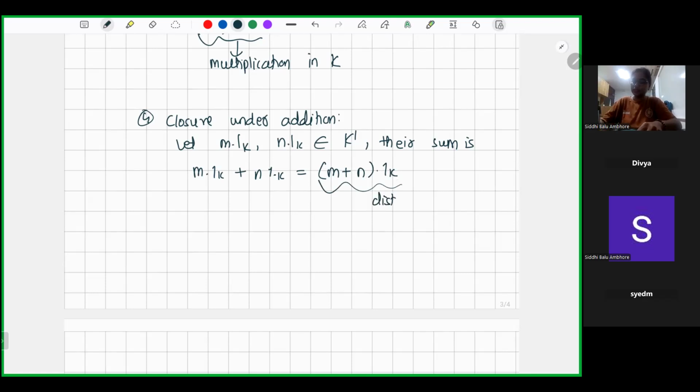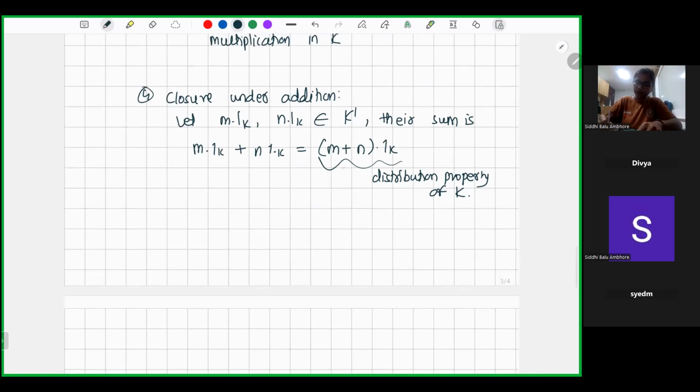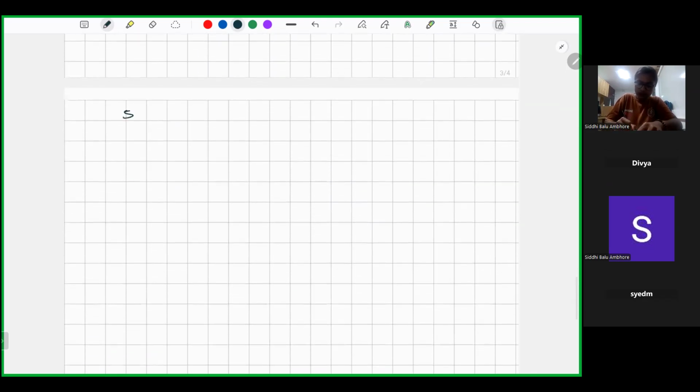But m and n are integers, so m plus n again becomes some integer, and this now belongs to my k dash. Therefore, this k dash is closed under addition.